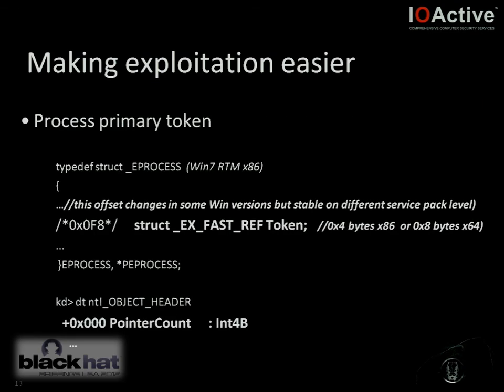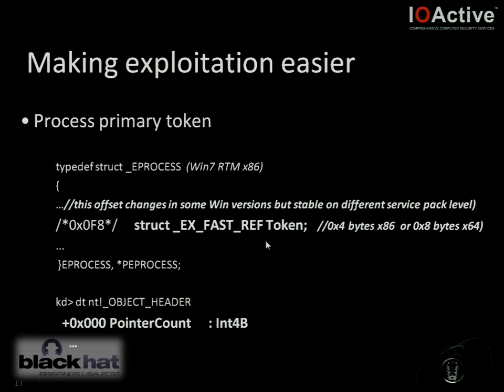So let's see now the last trick. Another interesting structure I found is that inside the EPROCESS structure, which corresponds to each process on Windows, there is a structure called ExFastRef token.